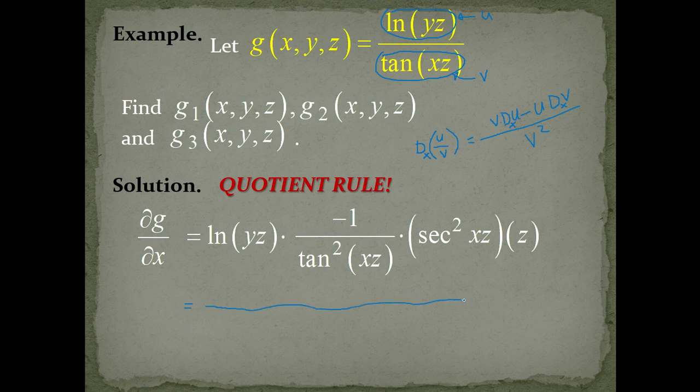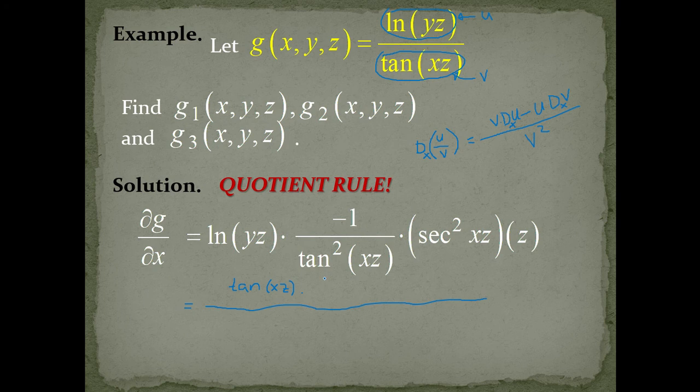So this is supposed to be tangent of xz, times the derivative of ln.